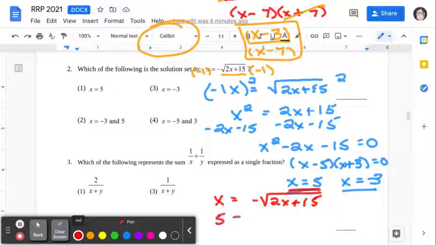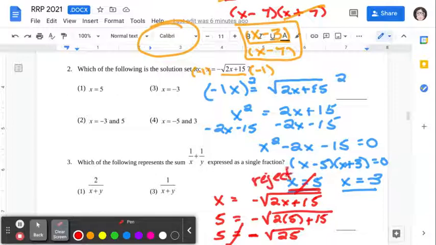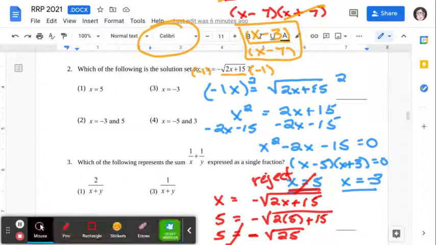So 5 equals negative the square root of 2 times 5 plus 15. This is radical 25. So the square root of 25 is 5, but there's a negative here. This you reject. It doesn't work. Sometimes you reject, sometimes you don't.